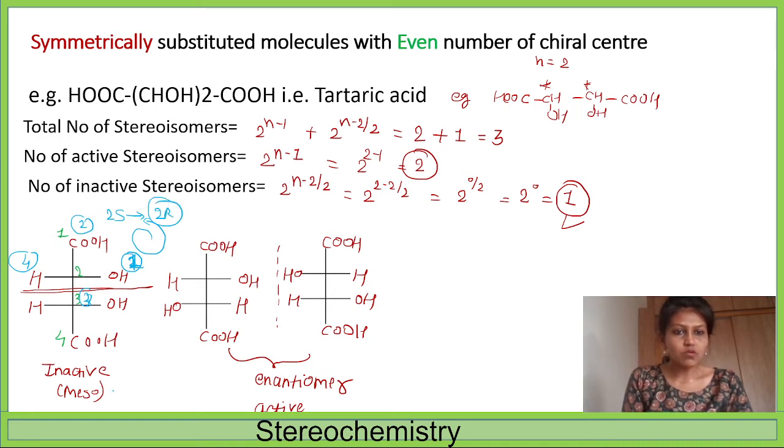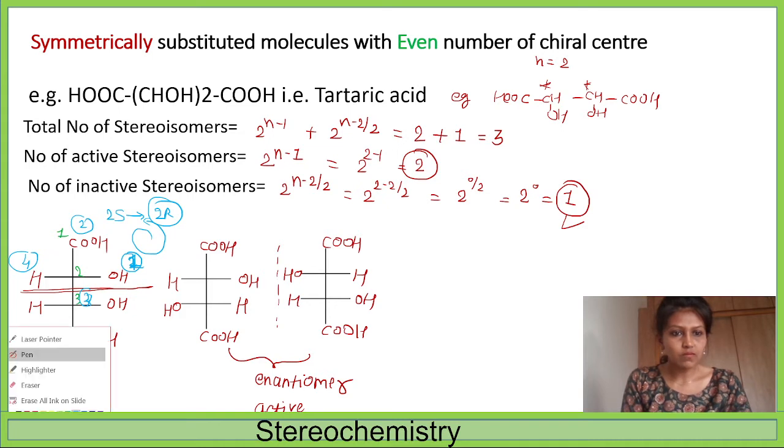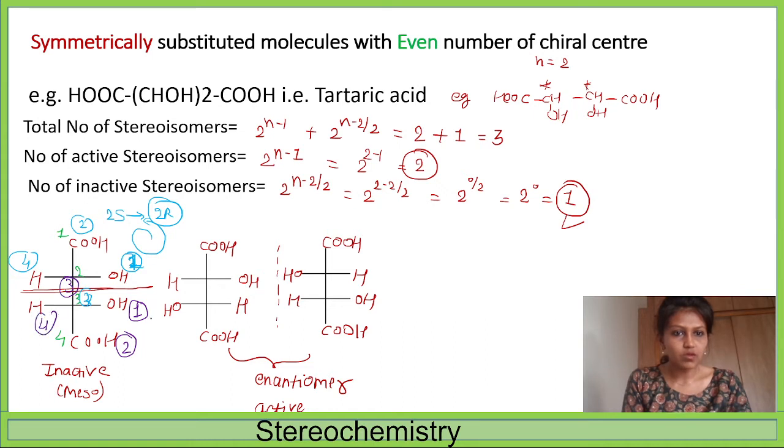right? So same for this one, for 3 number carbon, if we calculate, then we can say OH is given first priority, COOH is second priority, and this is the third priority, this is the fourth priority. So 1, 2, 3 clockwise, so R configuration.